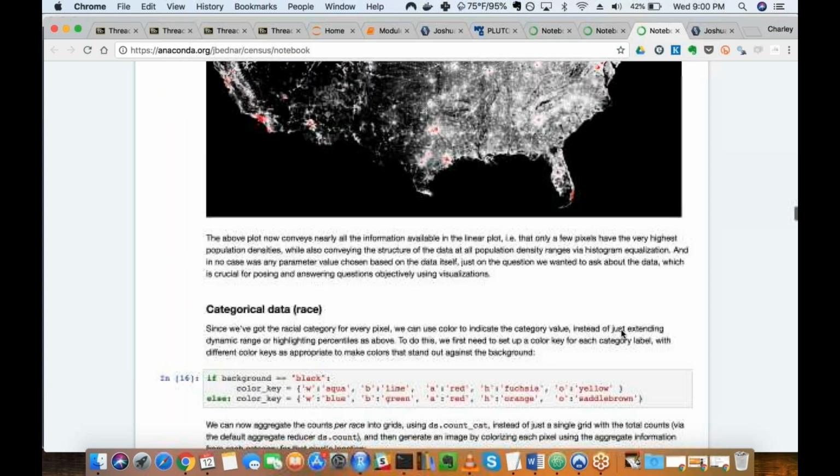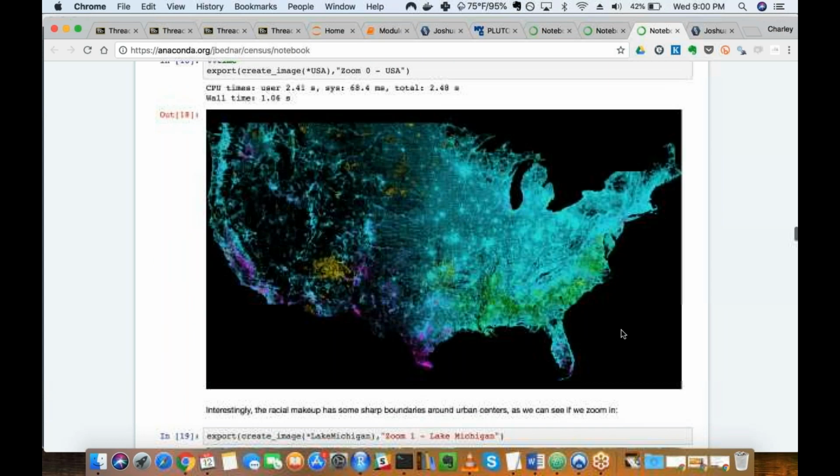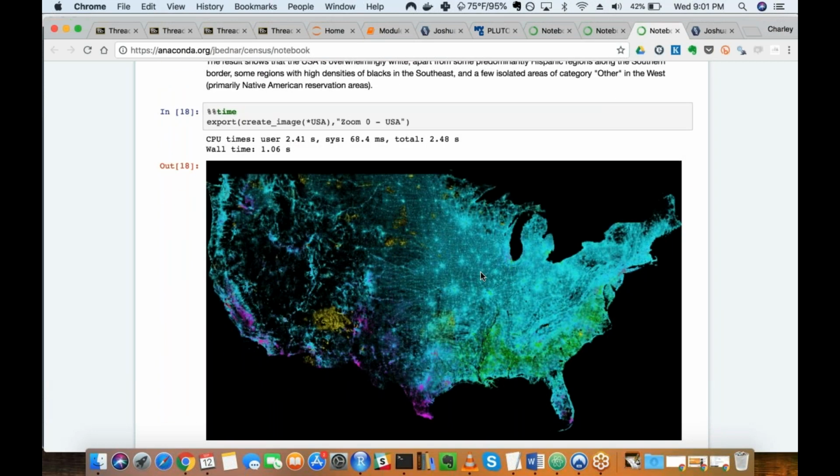And as you scroll down here, what this example is showing us is this survey data across the categorical variable of race. So we have a discrete number of races, and Datashader is able to deal with that.